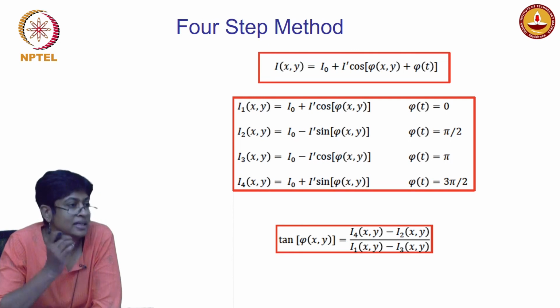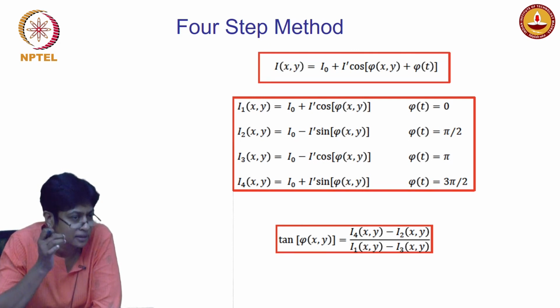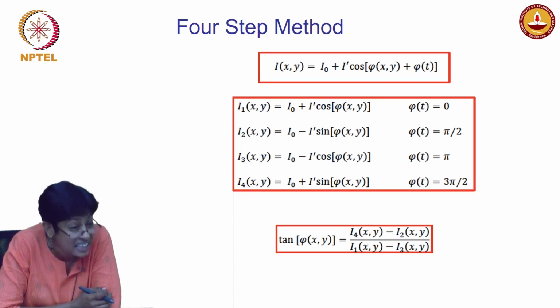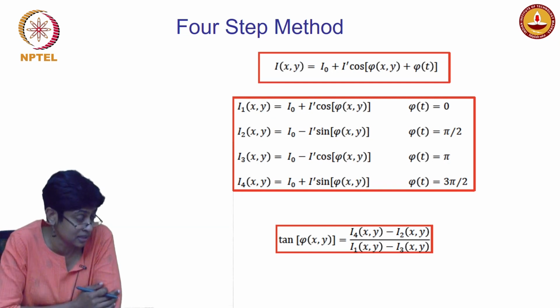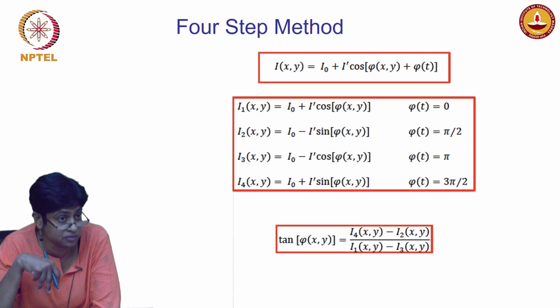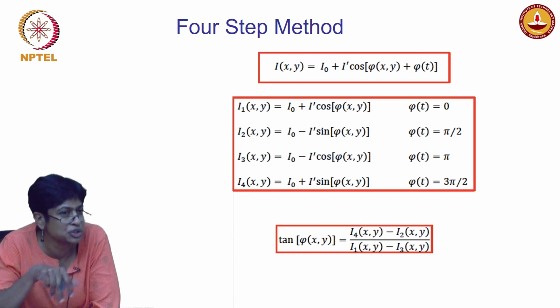A single intensity pattern, a single intensity of an interference, doesn't give me phase. In order to extract phase, I need to make at least 3 measurements mathematically, but if you make 4 measurements and you pick this as your phase shift, you arrive at a very simple method by which to get the phase.